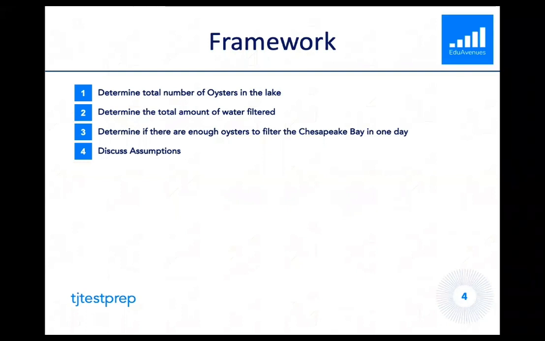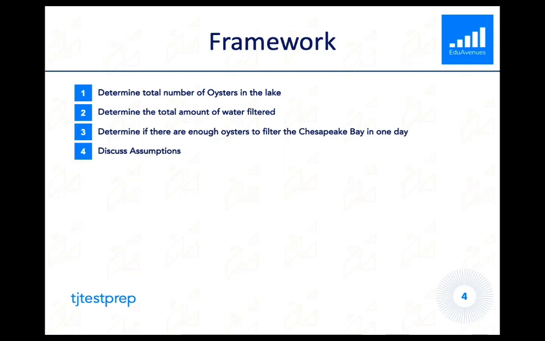Alright, before we solve this problem, we can first start by creating a framework. Given that we know the number of acres and the number of oysters per each acre, we can first solve for the total number of oysters in the lake. So for step 2, with the total number of oysters in the lake, we can find how much water is filtered using basic multiplication in gallons.